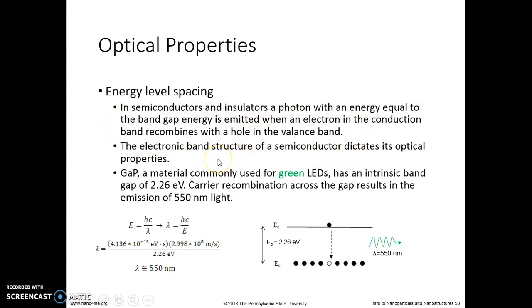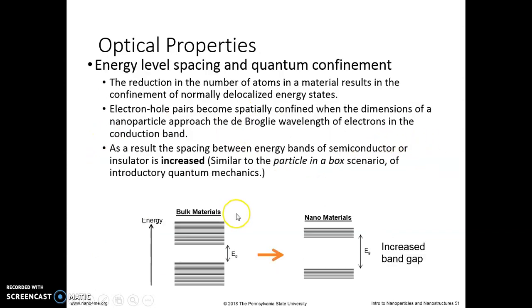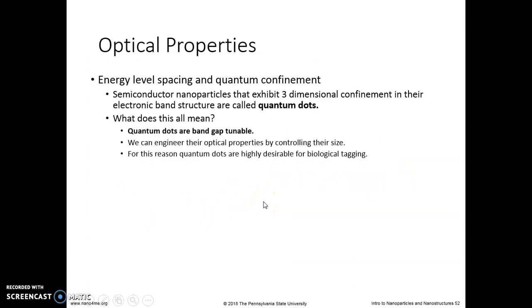The electronic band structure of a semiconductor dictates its optical properties, and these slides will explain that. As the spacing between energy bands of a semiconductor or insulator is increased, similarly to the particle in a box scenario of introductory quantum mechanics.